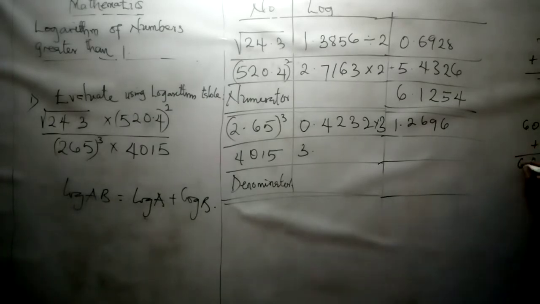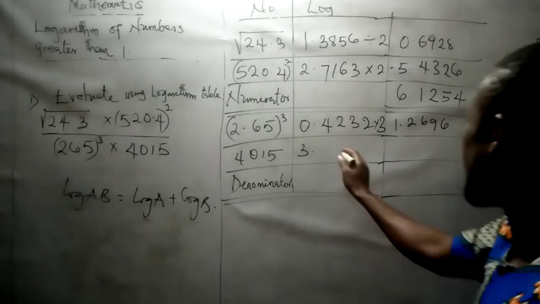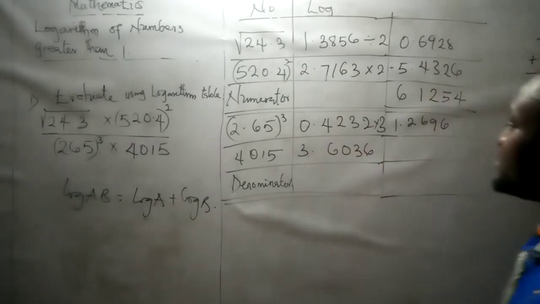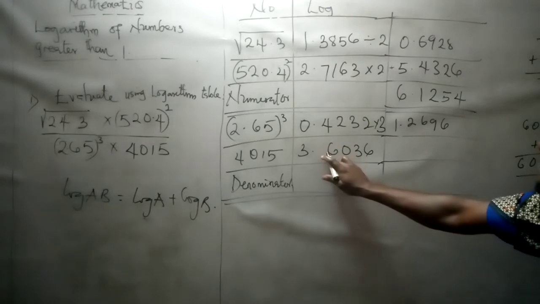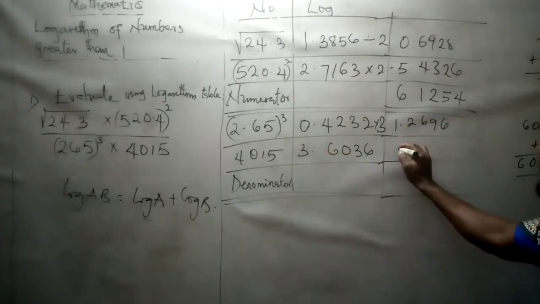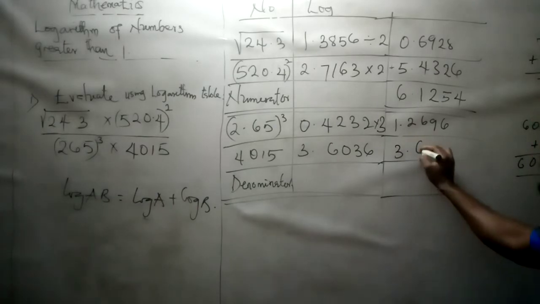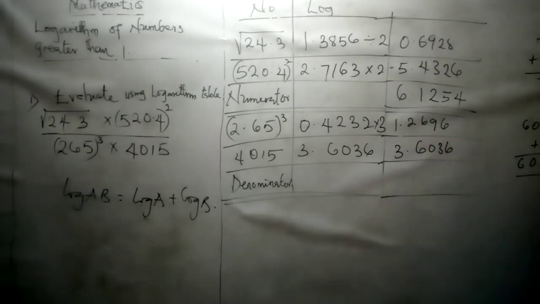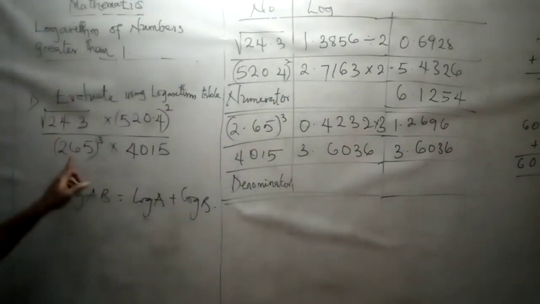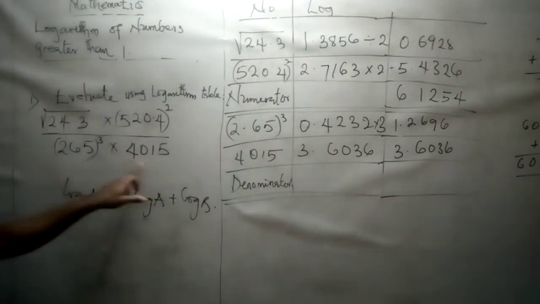Bring down 0. Bring down 6. So we now have 6036. Now this is the logarithm of 4015. So we bring it here again. 3.6036.